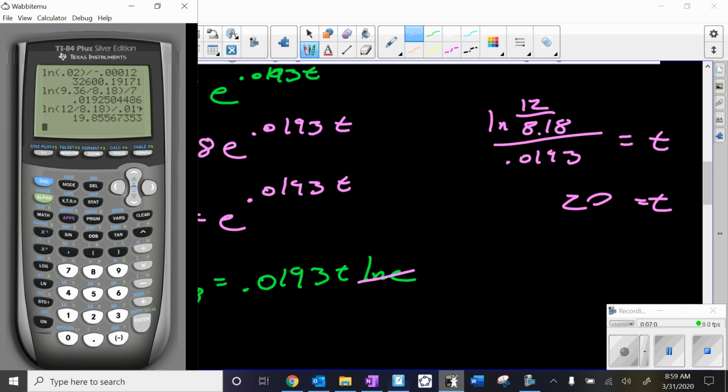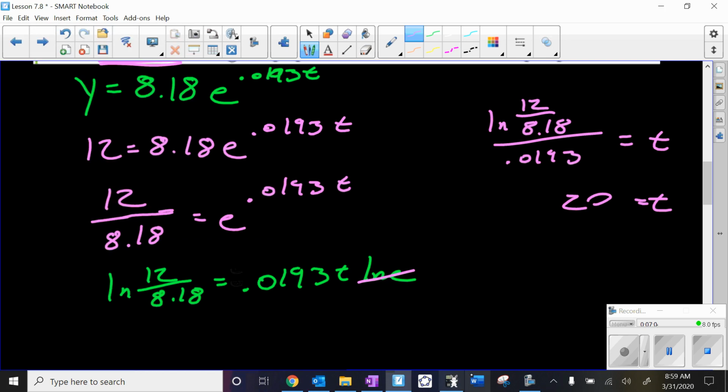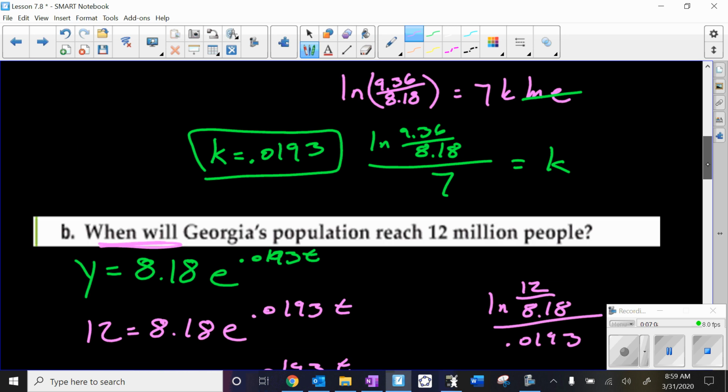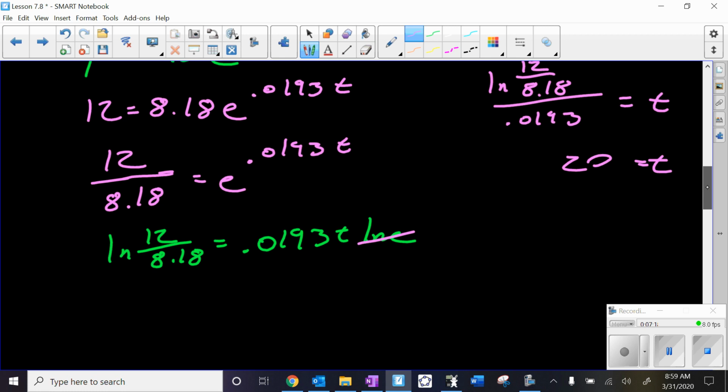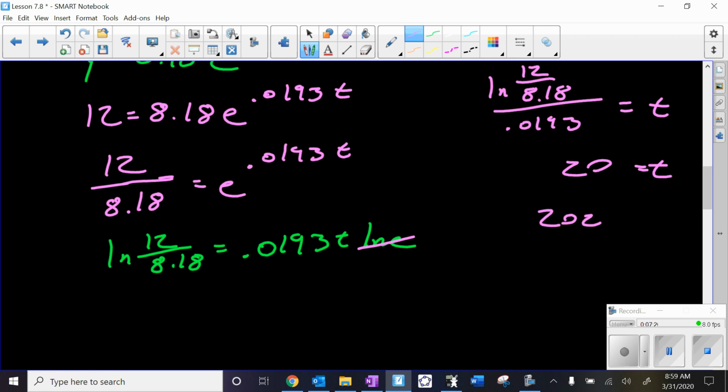And since it wants to know when will, they want to know what year out of this. Remember our initial year, this goes all the way back up here. Our initial year, year 0, was the year 2000. So from 20 years beyond that, we're talking about the year 2020.